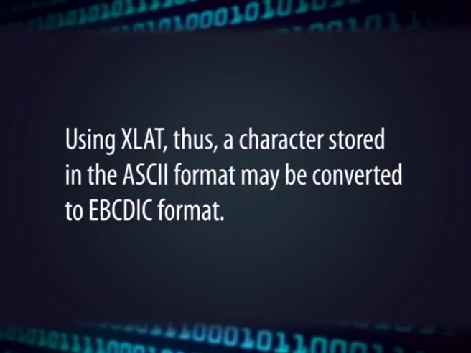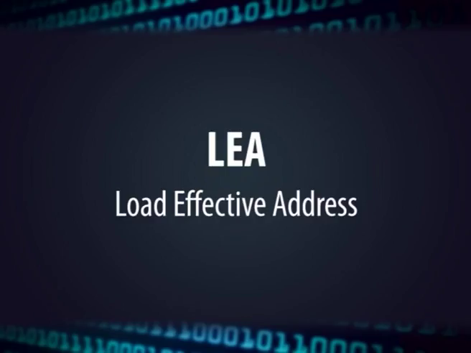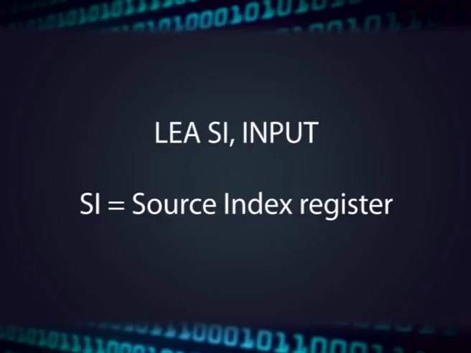The XLAT instruction converts the value stored in AL into its corresponding entry in the lookup table. Using XLAT, thus, a character stored in the ASCII format may be converted to EBCDIC format. Another data transfer instruction is load effective address, called LEA in short, used as LEA SI, which stands for source index register, comma, input.